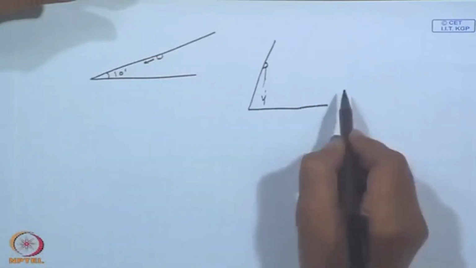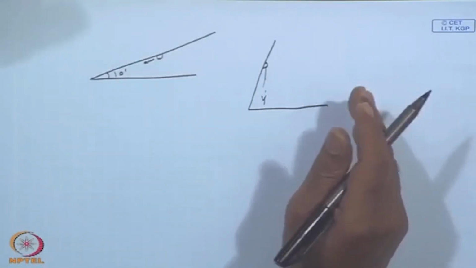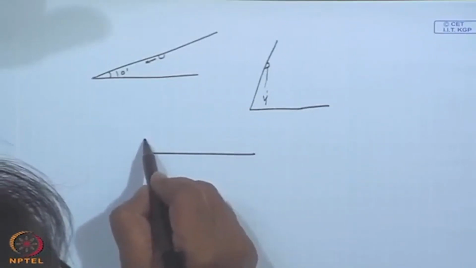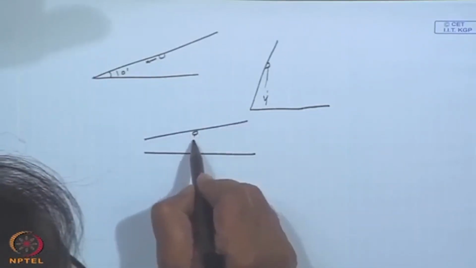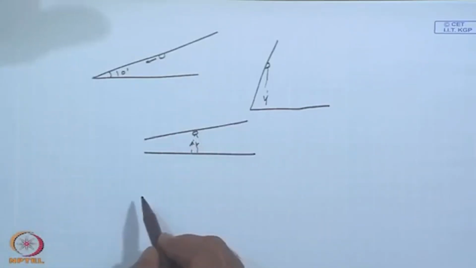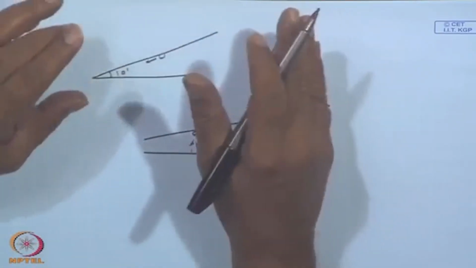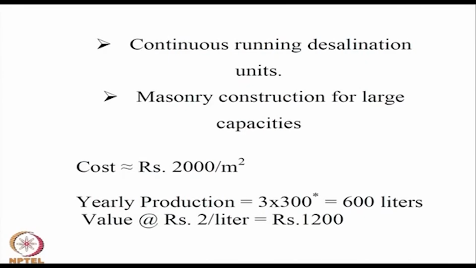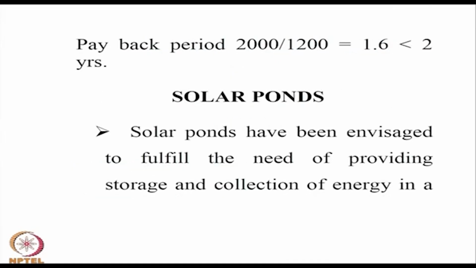And if it is almost horizontal, definitely it will condense and it will fall back. Okay. So, this 10 degree is based upon the surface tension of the water, and the experience has been found to be quite acceptable. So, this is what I have done, in less than 2 years.